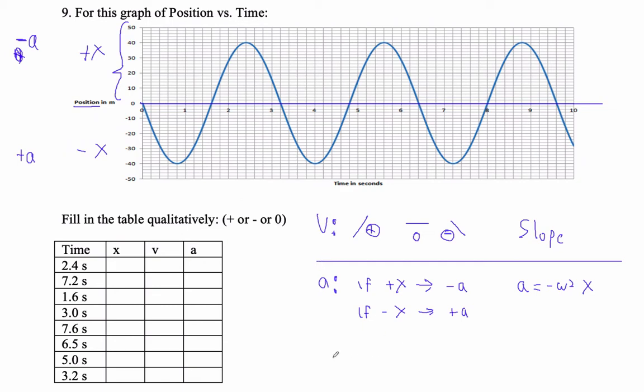Another way to do acceleration, and this works on any position-time graph, so it's a more powerful concept, is to look at concavity. For example, these are all positively concave, like that.